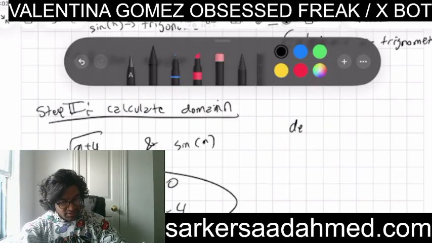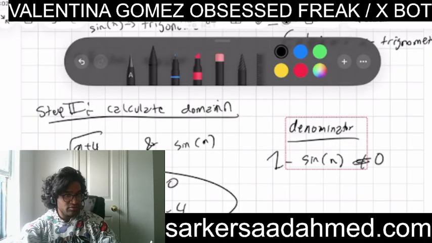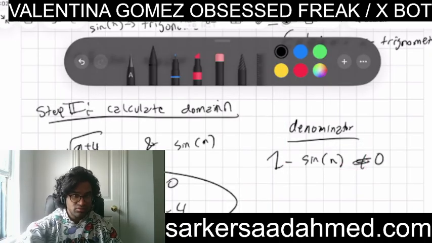However, for the denominator, you cannot have 0. 1 minus sine x must not equal 0, because if it does equal 0, then it ends up as what you call the zero error. And having zero error would obviously lead to inconsistency, which means you're not going to get the values, correct?